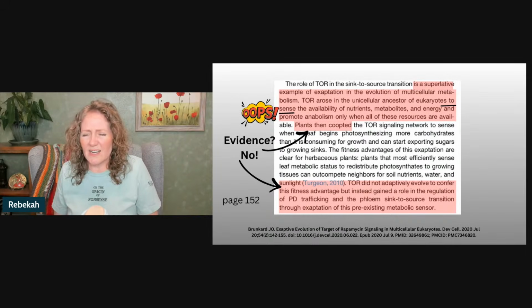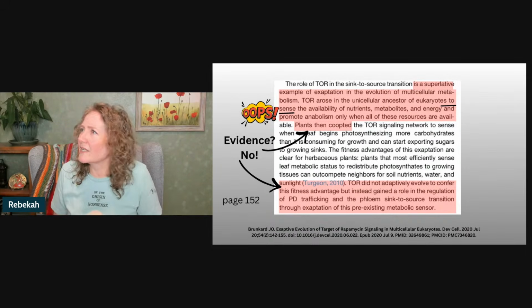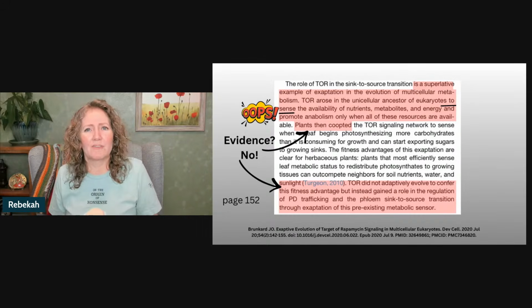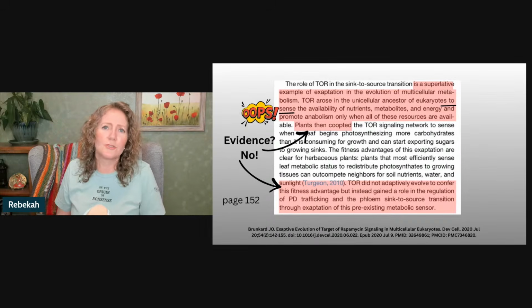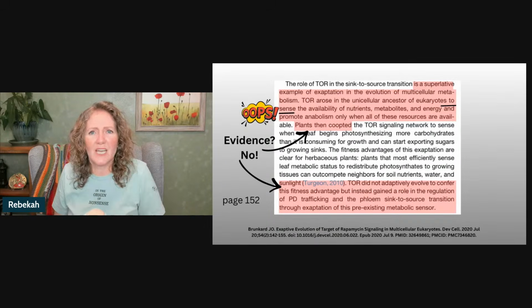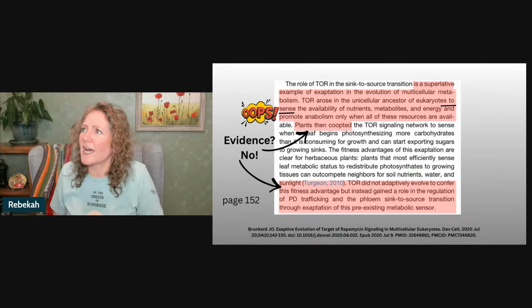What in the cell said, hey, it would be really great if we could have a little machine that would manage all of these proteins and tell us when we need to grow and when we need to slow down? Yeah, that would be really great. Let's do that. Let's get something going over in those genes. Let's build some genes and make that happen. So it would be great to have that sensory capability.